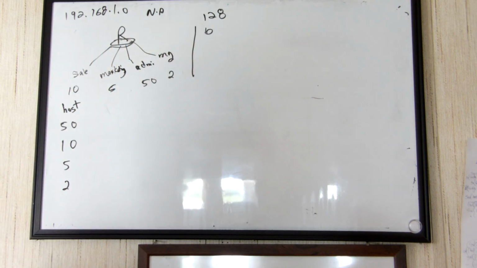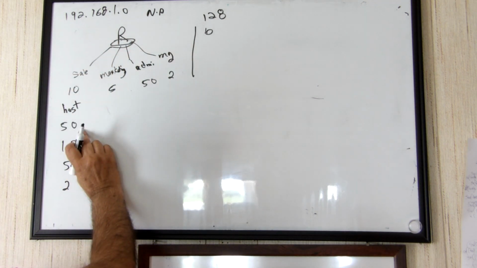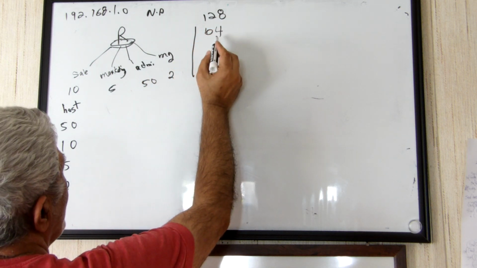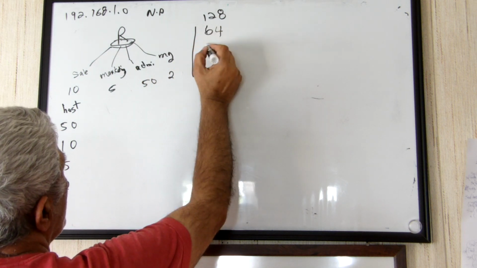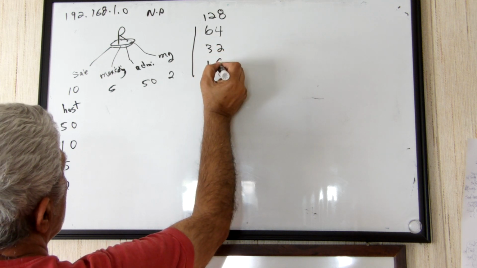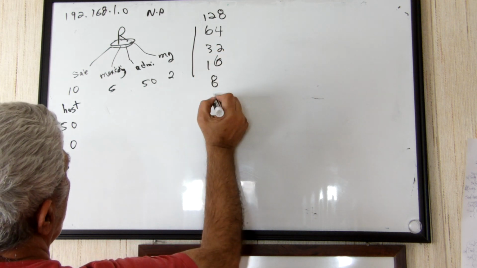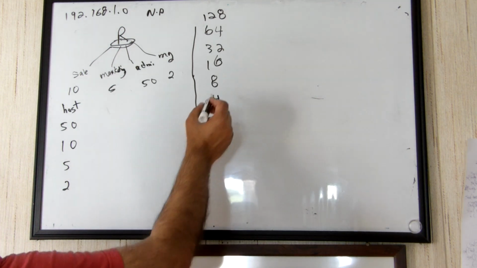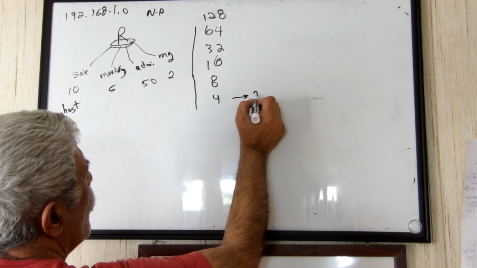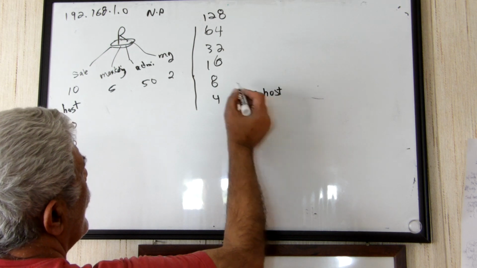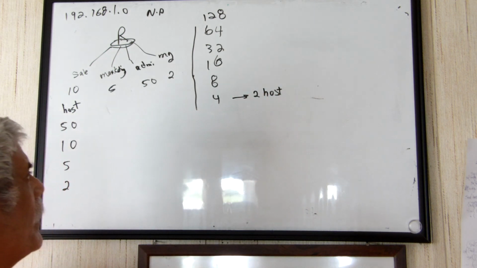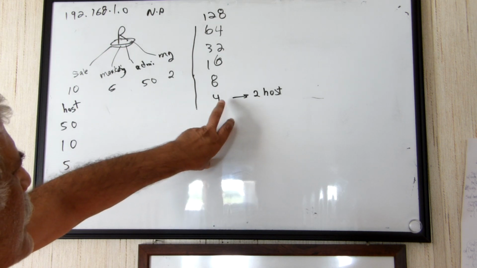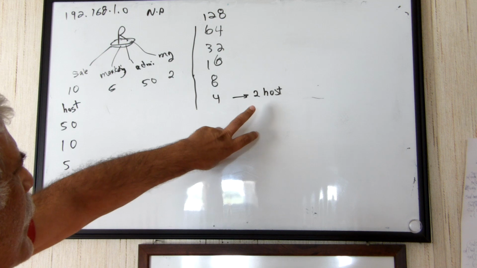Right now we are using class C. We have 50, so we have 64 hosts, then 32, 16, 8, 4. We can't have 2, because the first one is for the network subnet ID and the last one is for the broadcast.